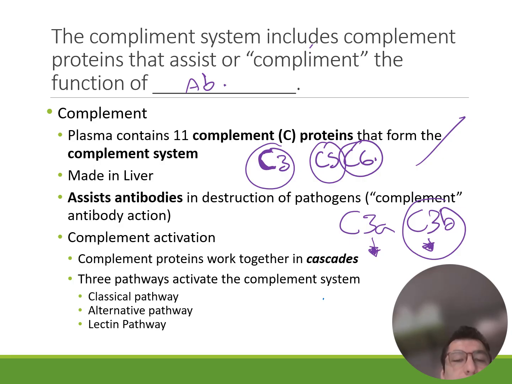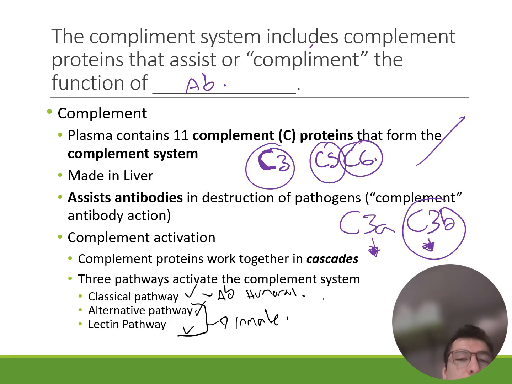We could activate complement through different pathways, that is the classical pathway, the alternate pathway, and the lectin pathway. All right. The classical pathway is through antibodies, okay, and this is related to humoral immunity, and we'll discuss this again when we talk about the specific defenses. But the alternate pathway and the lectin pathway are related to the innate defenses.